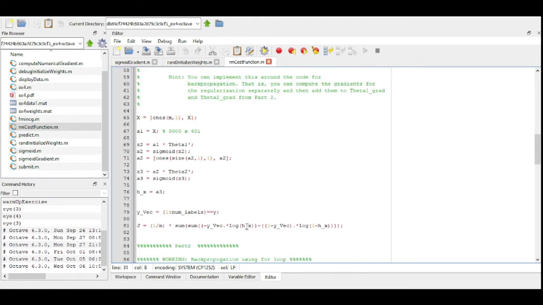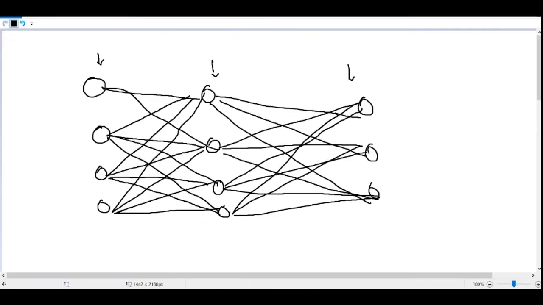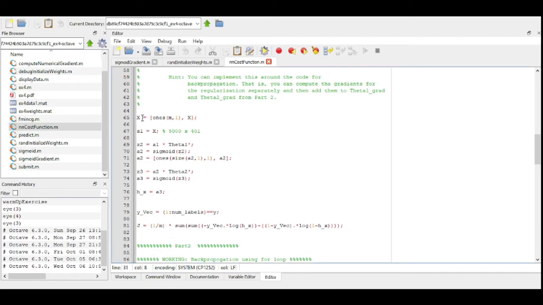Now if I explain here, say this is the neural network. Suppose this is Theta1, which is the weight for this layer, and this is Theta2, which is the weight for this one. X is nothing but the input. We are considering everything in the form of a matrix, so X is the input, or you can say the training examples. Here we take this X and add 1 in the first column.